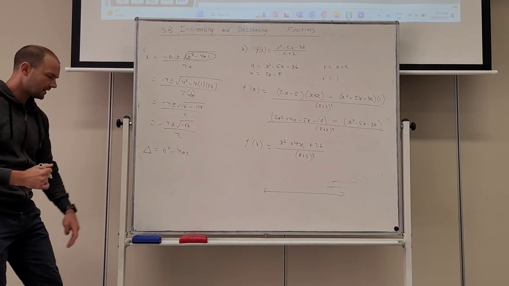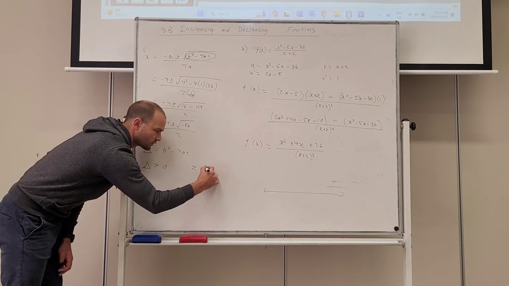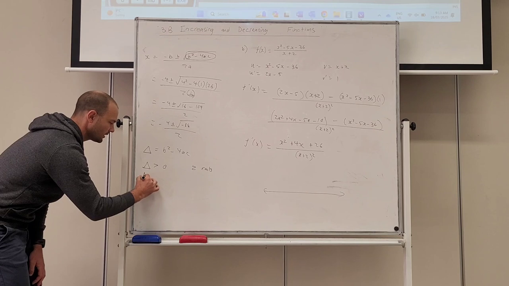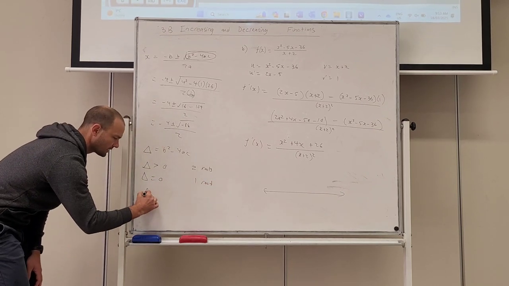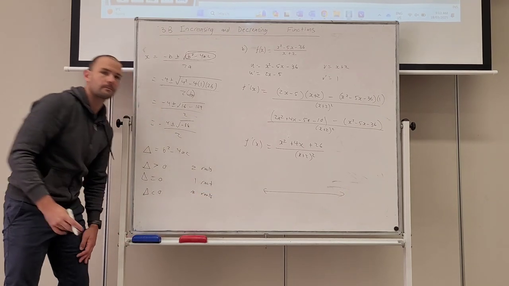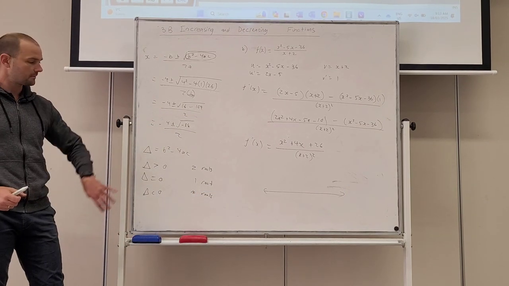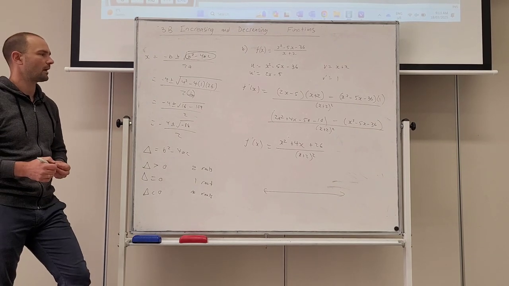Now, the rule is if delta is positive, a quadratic has 2 roots. If delta is 0, a quadratic has 1 root. And if delta is less than 0, a quadratic has no roots. That's something we've learned in Year 11, but I'm providing a recap here because it will pop up throughout the course.